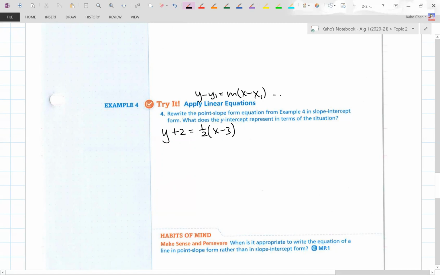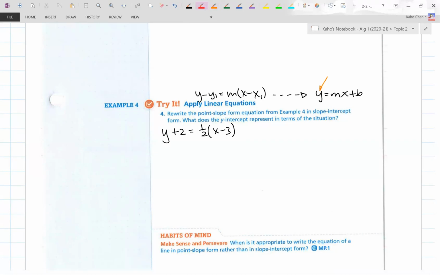We need to get it to y equals mx plus b form. And the way to do that is isolate, simplify, and solve for y. All right. Point-slope form to slope-intercept.